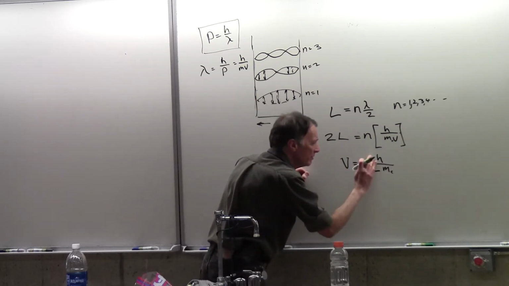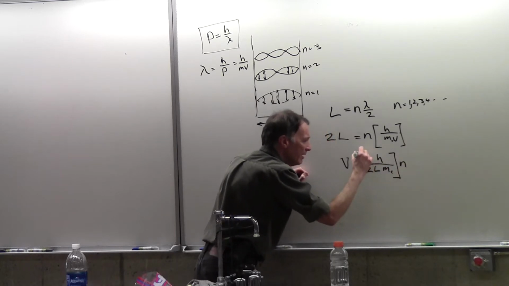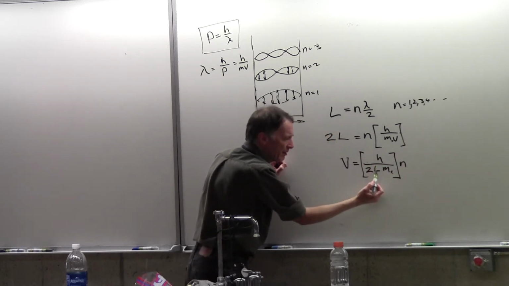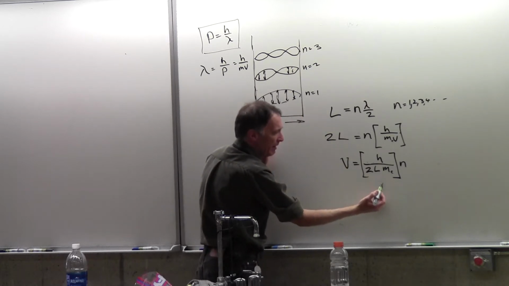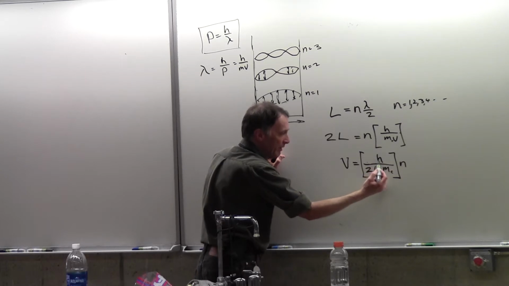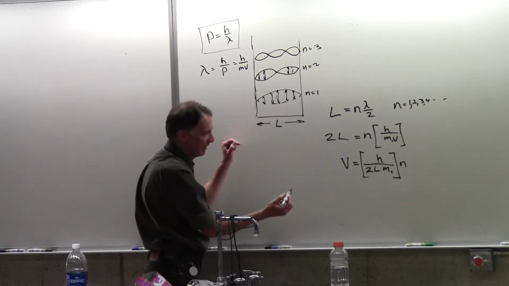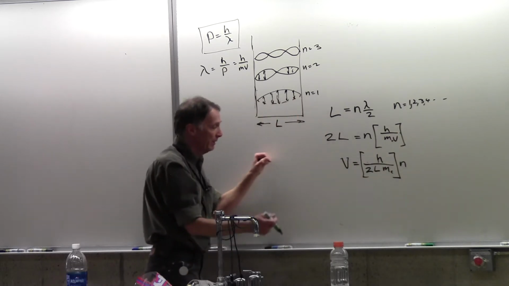Maybe just for clarity, I'm going to put the n out here, because these other things are physical constants. We did specify the size of the box with L. The mass of an electron, you can look that up in the front of the book, and you can even look up Planck's constant in the front of the book. But n is this thing that we have to play with.